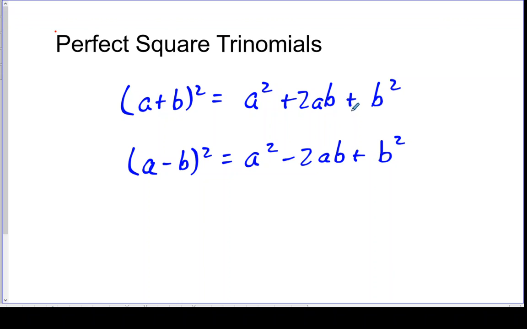That should look familiar to what you were just talking about. Or if it's a minus b, the first term is going to be a squared, the last term is going to be b squared, and then the middle term is just going to be 2 times the product of a and negative b, which would be negative 2ab. So this should help you with the problems that you're going to be doing today. Let me know if you have questions.